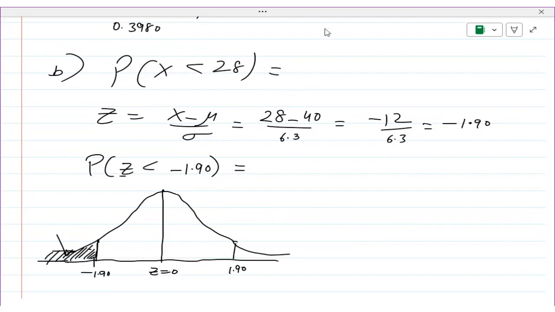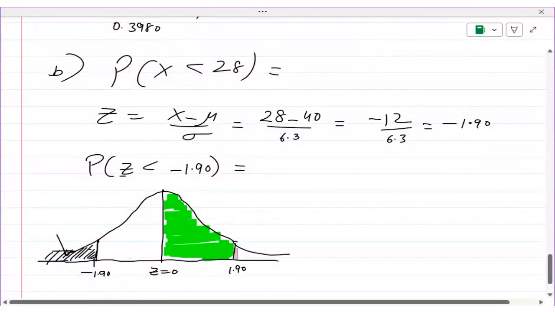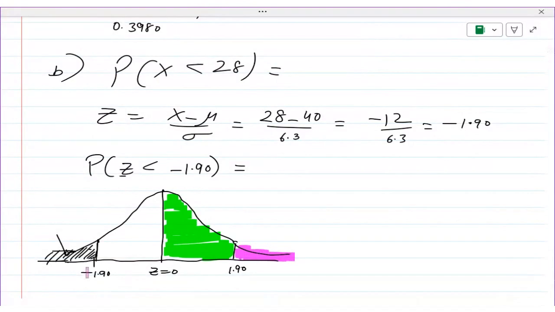And if this green color between 0 and 1.90 is given, you know that due to symmetry, the pink color on the right side will be the same as the pink color on the left side.